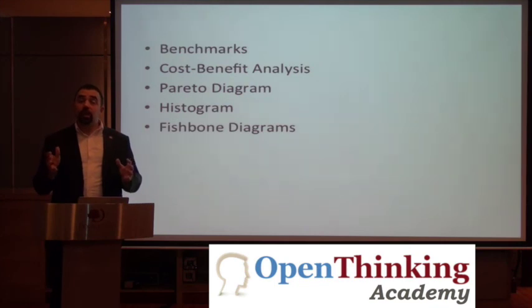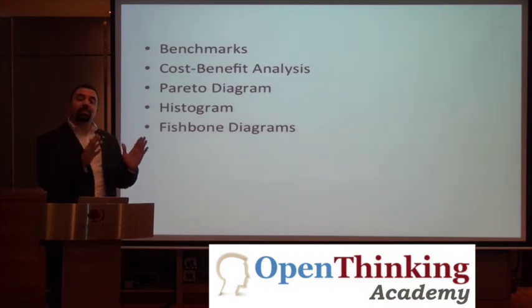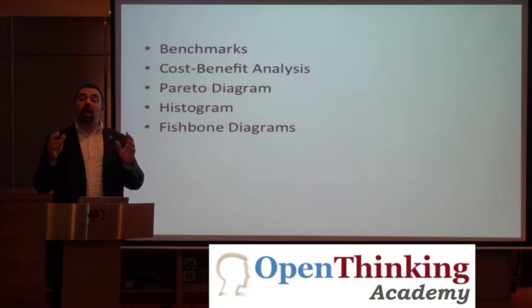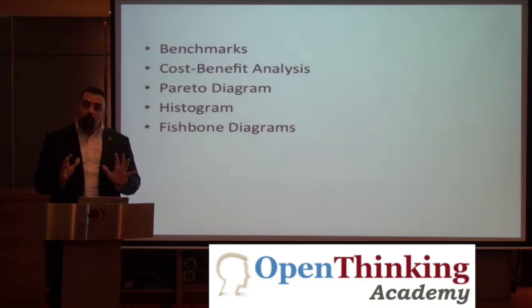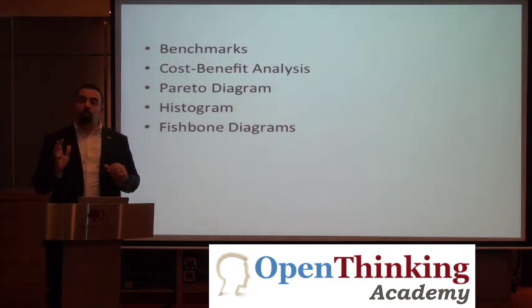How interesting. So if we solve these 20% of the issues that we have, we will not have these 80% of the problems as a result. So using these charts will highlight for you what are the key critical issues that you can solve to be able to reduce 80% of the errors and deviations that you have in your operation.